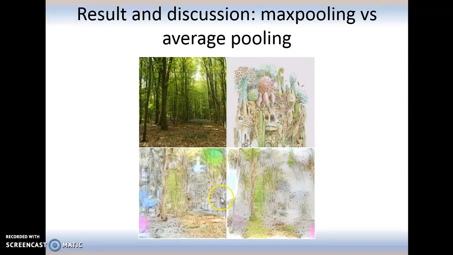With max pooling, the lines and shapes of the content image are very well preserved. The curvature of the lines somehow reflects the way we painted in the style picture. Well, the image obtained by average pooling shows less contrast and the boundaries of the objects are much smoother.